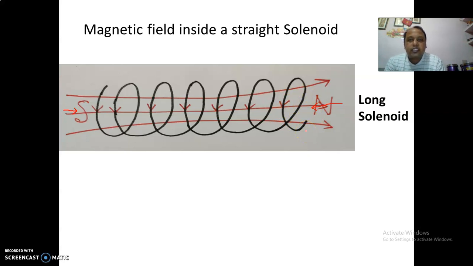Actually, when we consider a solenoid, it consists of many turns, and each turn behaves as a magnet. Its left face behaves as the south pole, and the right one behaves as the north pole. When we consider the whole solenoid, it is a combined effect of all the small magnets.